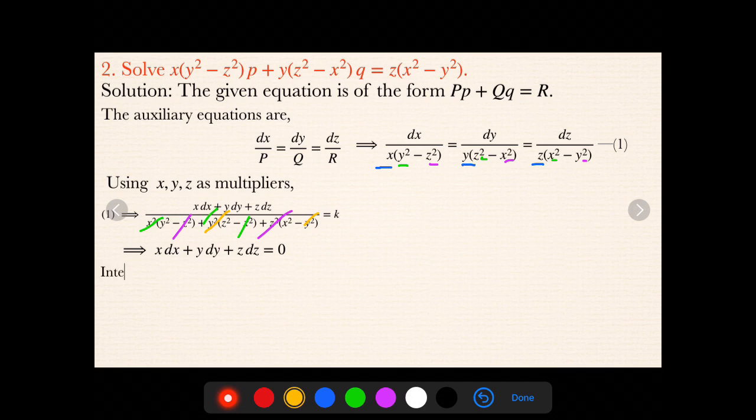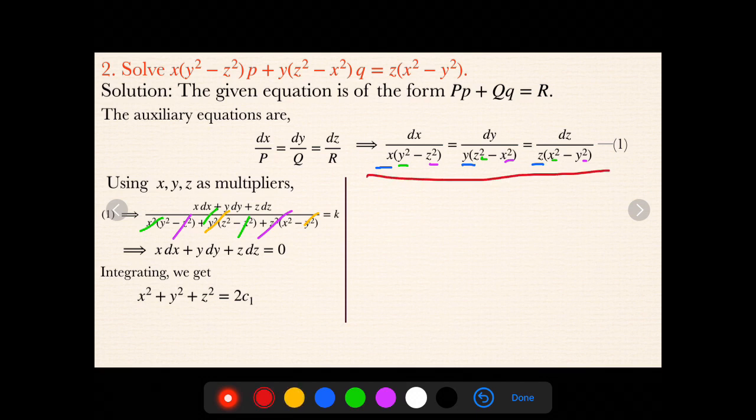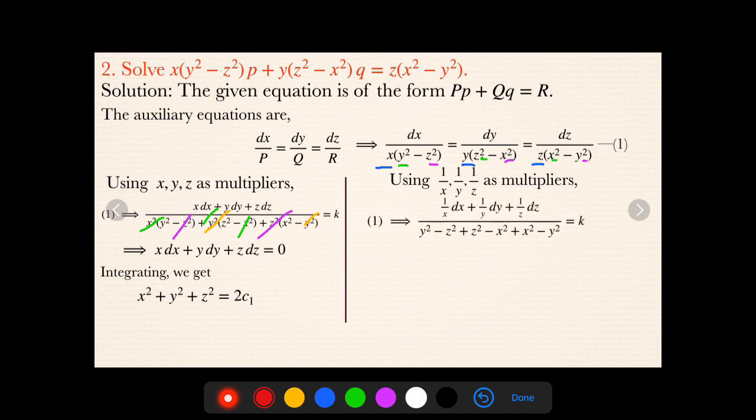Integrate this expression, we will get the solution as x square plus y square plus z square is equal to 2c1. Now as I explained earlier, if the terms are cyclically changing, and x, y, z is a multiplier, then automatically 1 by x, 1 by y, 1 by z will also act as a multiplier. So according to that, 1 by x dx, 1 by y dy, 1 by z dz is equal to k.